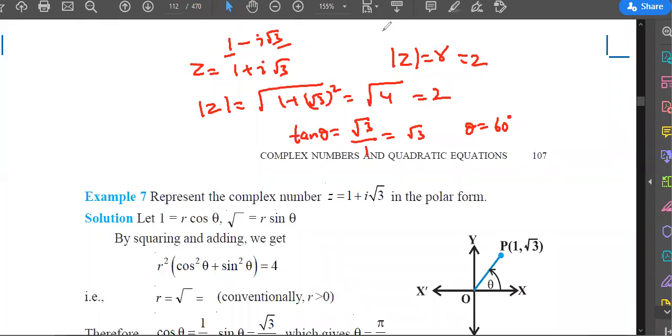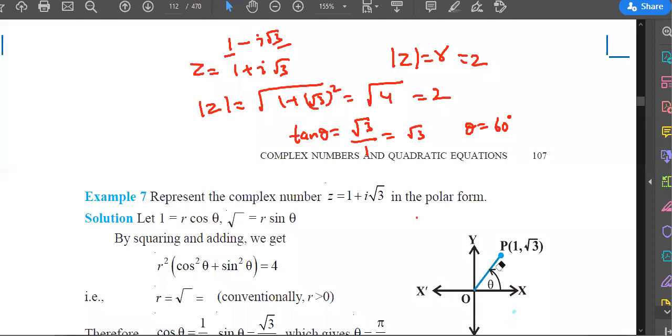You don't have to worry about anything. Just make sure to write your x positive and y negative in polar form also. As simple as that. Or just take this as minus 60 degree if we have minus root 3. Now we'll just focus on our problem over here.